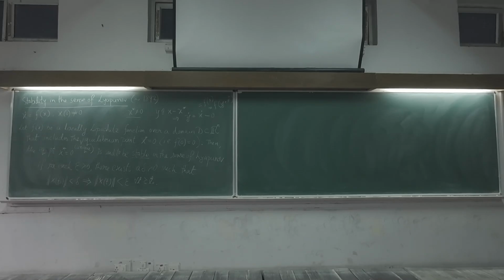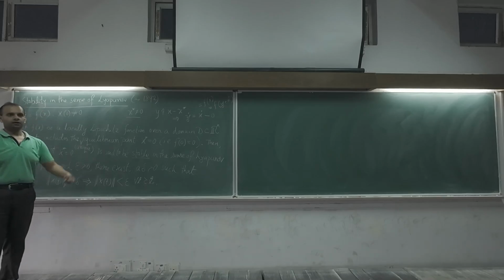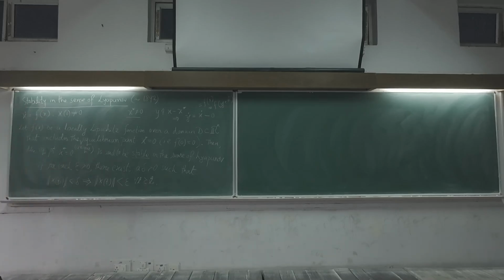Can anybody tell me, for asymptotic stability, how should I write it? Please try. It's t tends to infinity, but as a full sentence. That is the point.